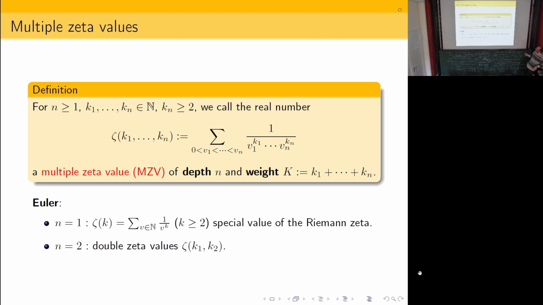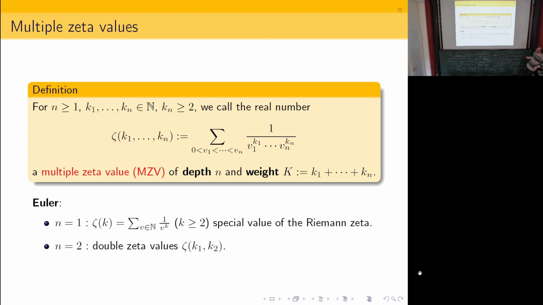Multiple zeta values are defined as this nested series that converge only if you put this condition k_n bigger or equal than 2. They have some depth n and weight, which is the sum of these entries k_1, ..., k_n.